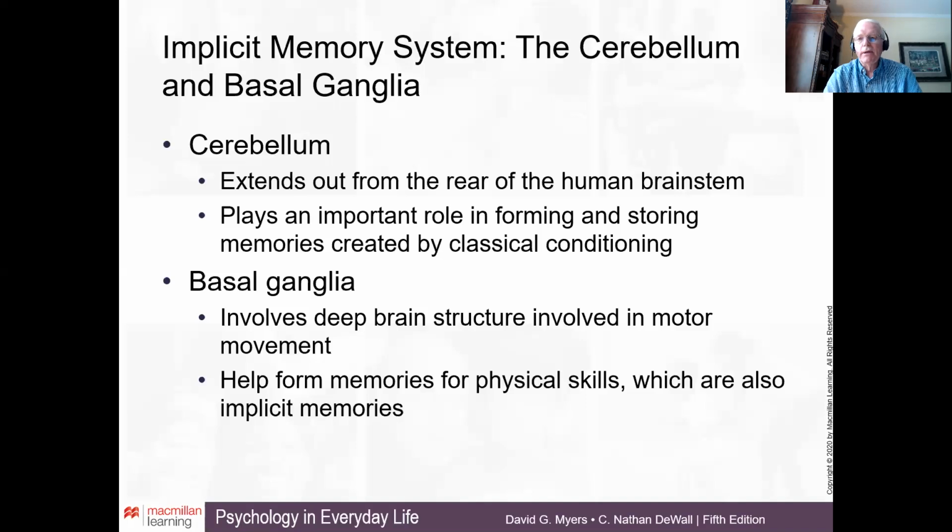In the case of HM, a skill he was able to learn, a physical skill, after his surgery was how to trace a star while looking in a mirror. His basal ganglia were still intact, allowing him to learn and remember this skill as an implicit memory, an unconscious kind of memory.